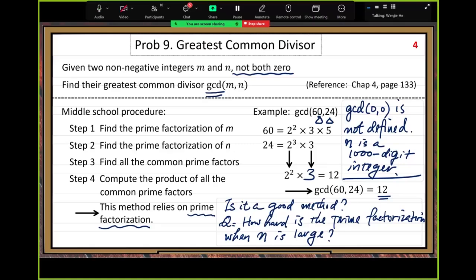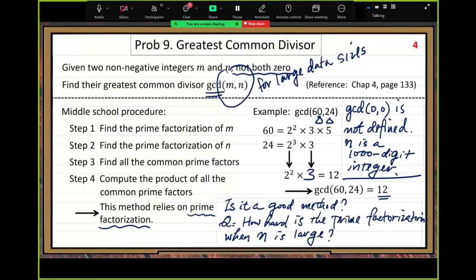In order to solve this GCD problem, we want to solve it for large data sizes, not small data sizes. That means this middle school method won't work.